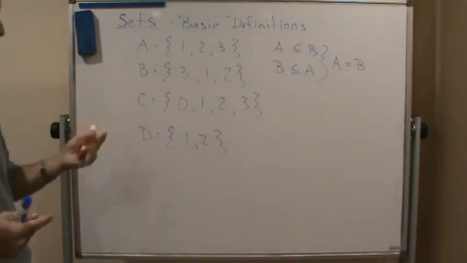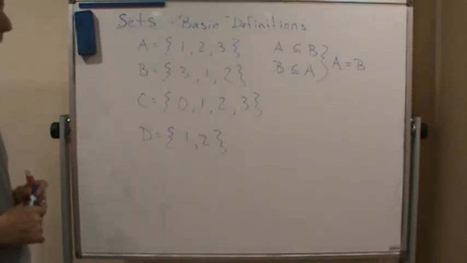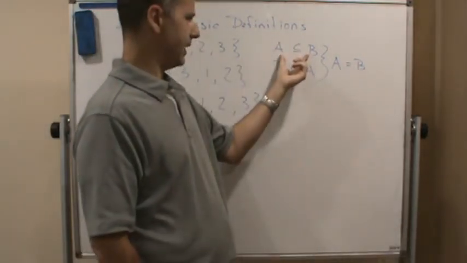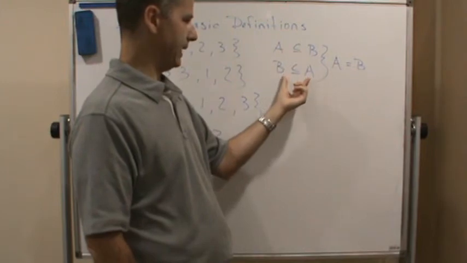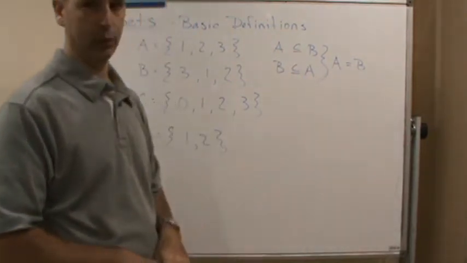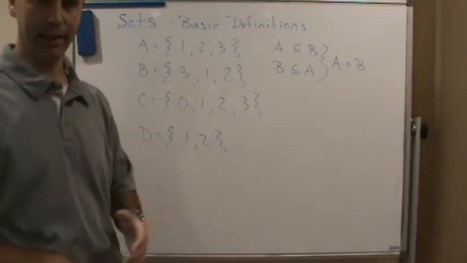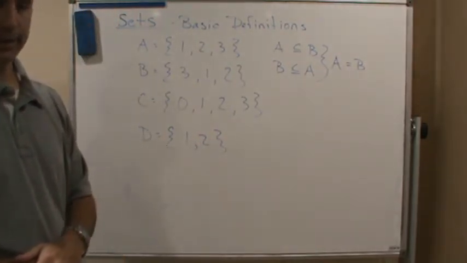Of course, we can see that they're the same. But it's important to know the definition. So if A is a subset of B and B is a subset of A, then A equals B. So what does it mean to be equal? It means that they have the same elements in their sets.